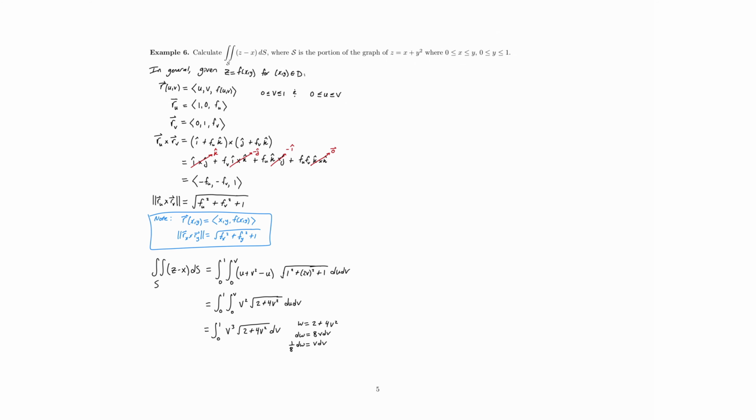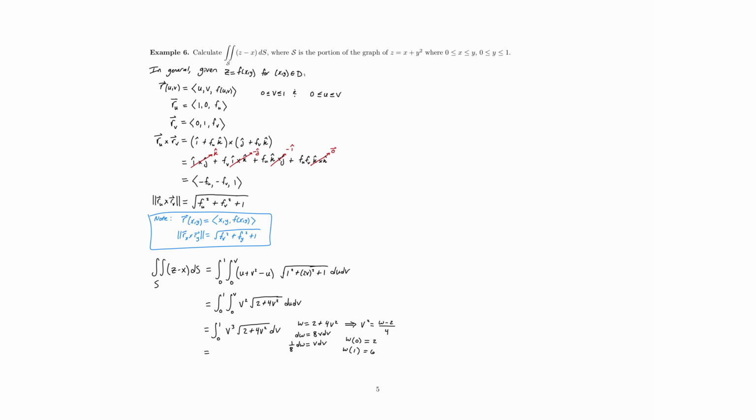We can then solve this equation here for, let's say, v squared. So v squared is w minus 2 over 4. And we can also change our bounds. w of 0 is 2, and w of 1 is 6.